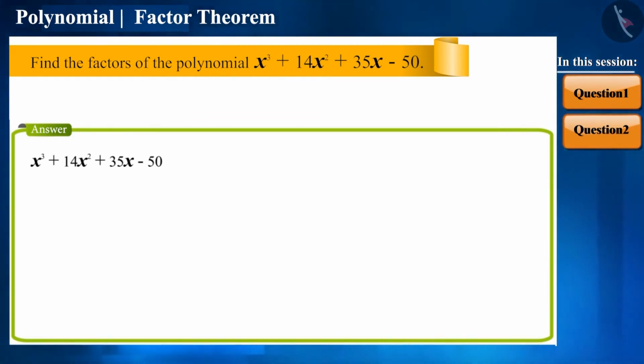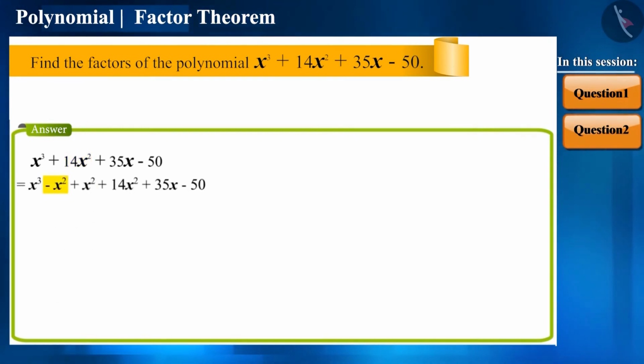But here, instead of minus x square, we have 14x square. So now what? We will subtract and add x square once from x cube. Now, we can take it common. If you take x square common from the first two terms, you will get x square of x minus 1. The remaining x square plus 14x square will become 15x square plus 35x minus 50.